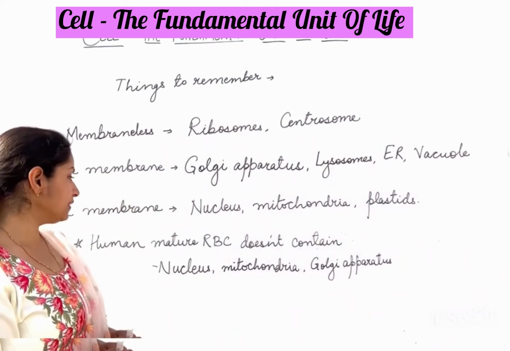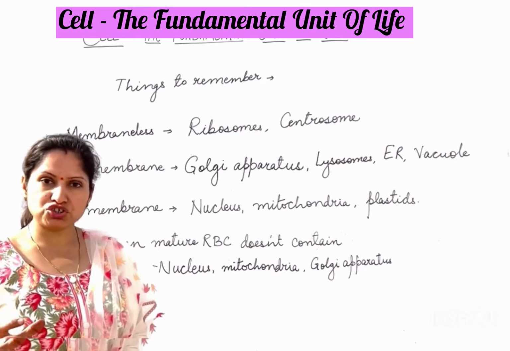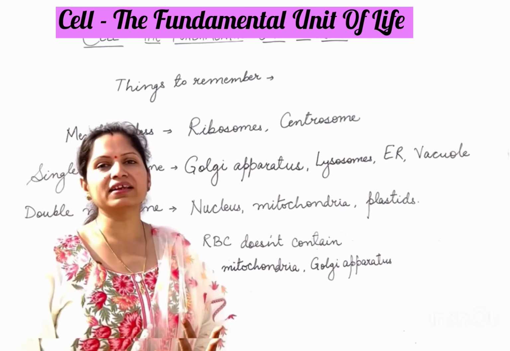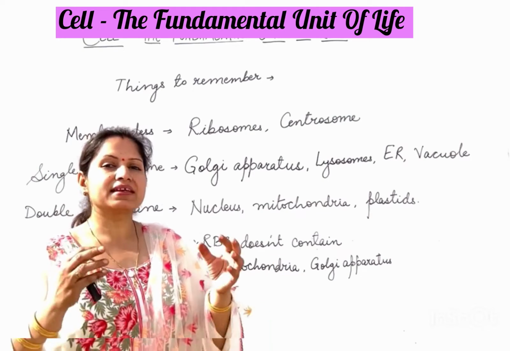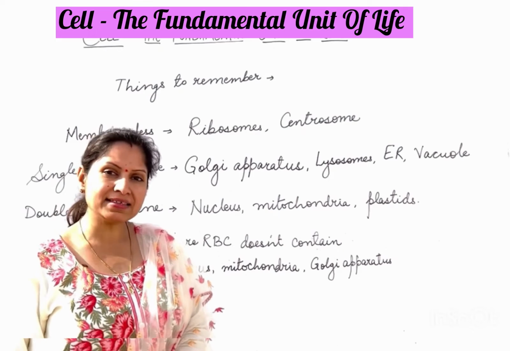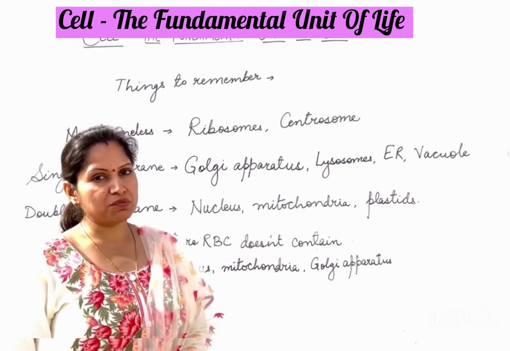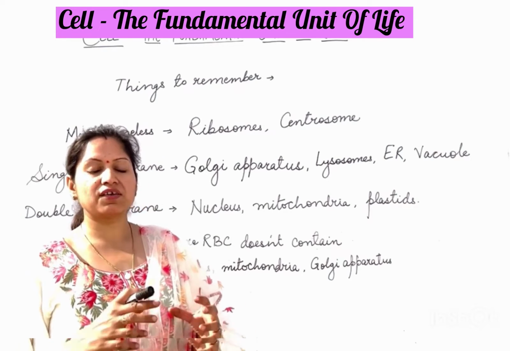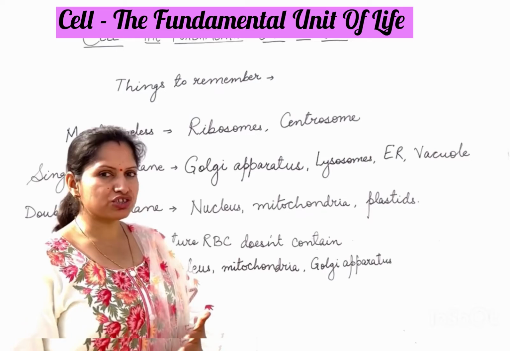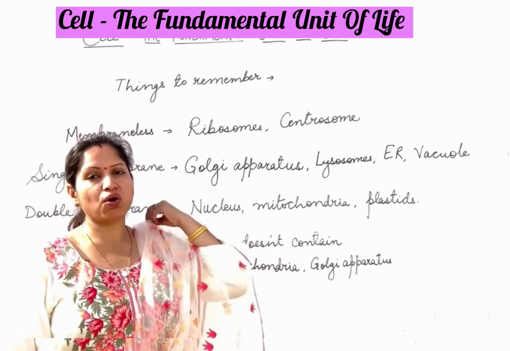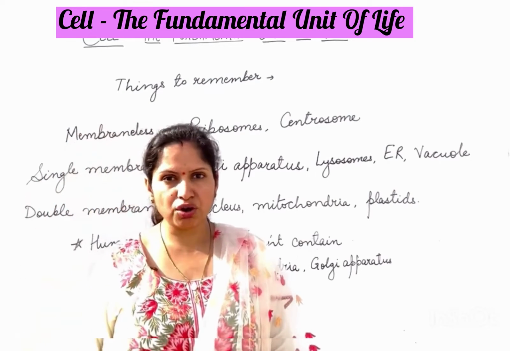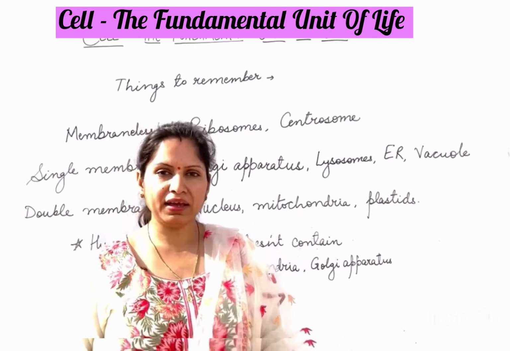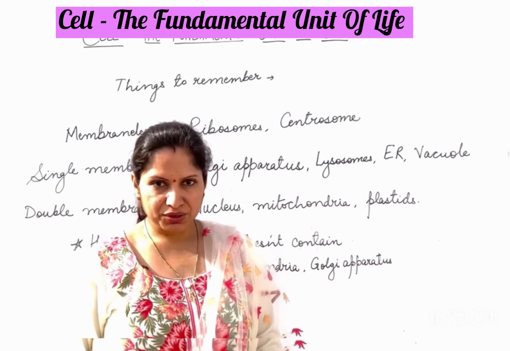One last thing that I would like to tell you is that human RBC, when it's in the mature stage, doesn't have any nucleus, mitochondria or Golgi apparatus. When it's developing, at that stage of development, the human RBC has these organelles, but once it matures, when it's developed fully, then the nucleus, Golgi apparatus, mitochondria are all not present in a mature human RBC because that place will be occupied by a big hemoglobin molecule.